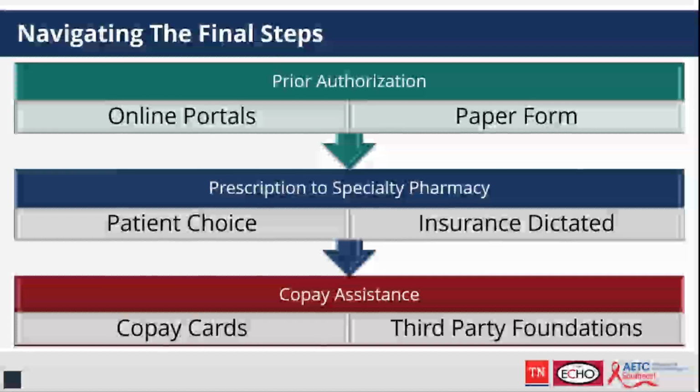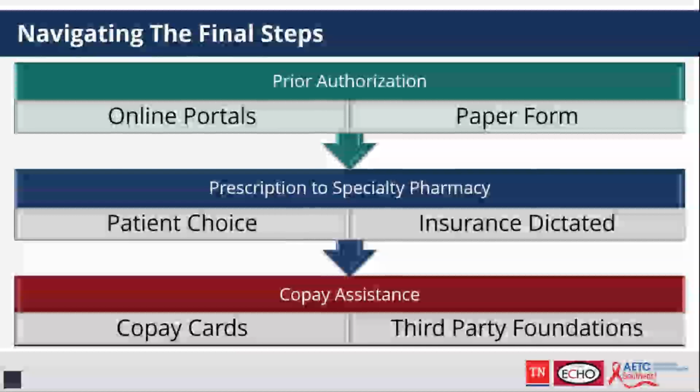And then, of course, copay assistance. This is something that becomes frustrating for a lot of patients and providers, because you want to know how much it costs and how much the copay manufacturers can work with. Copay cards are only good for commercial plans. They won't be good for Medicare or Medicaid plans, so that's out for those. But for commercial plans, you can use copay cards for brand or generic.